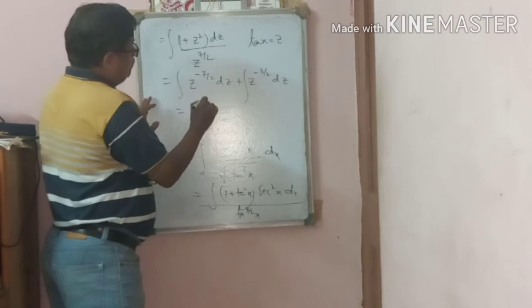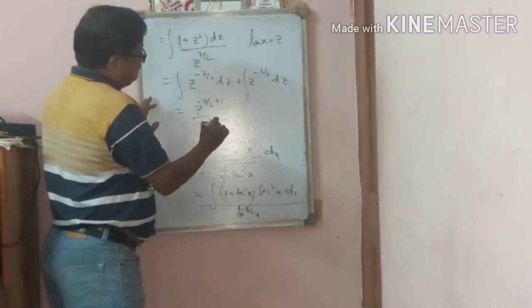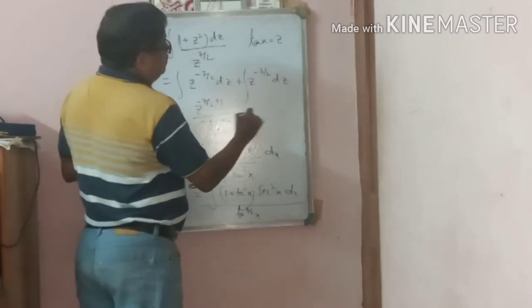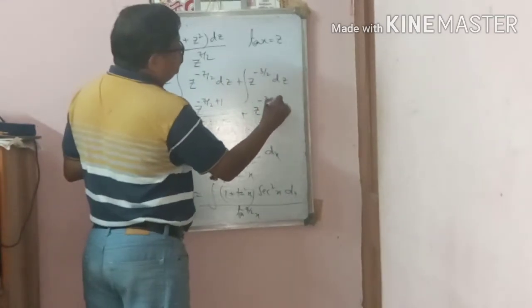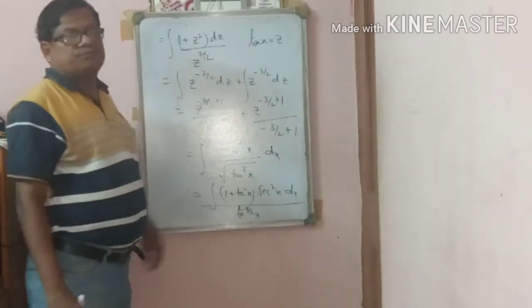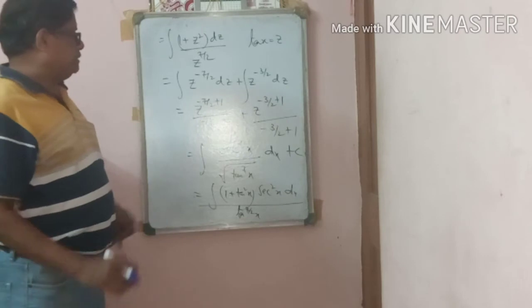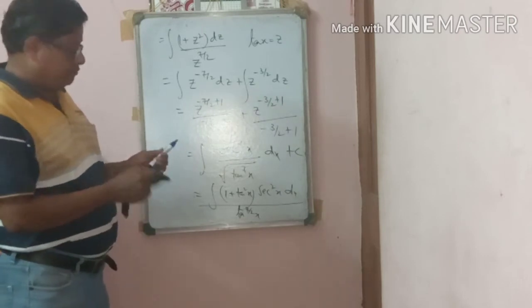So z to the power minus 7 by 2 plus 1 by minus 7 by 2 plus 1, plus z to the power minus 3 by 2 plus 1 by minus 3 by 2 plus 1, plus constant c.